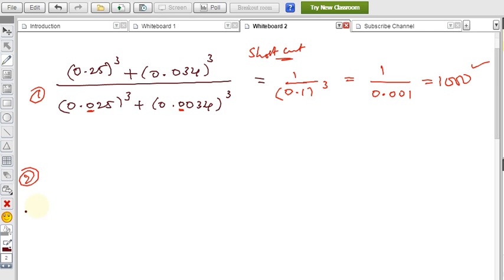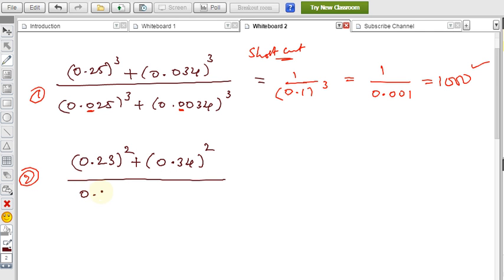Question: 0.23 whole square plus 0.34 whole square, by 0.46 whole square plus 0.68 whole square. In the previous problem, 0.1 was multiplied, but here 0.23 into 2 is 0.46.